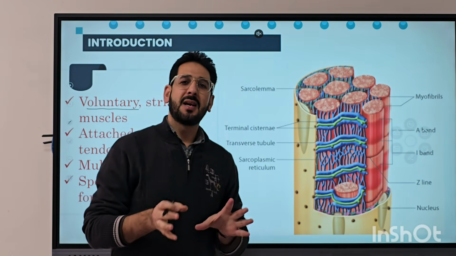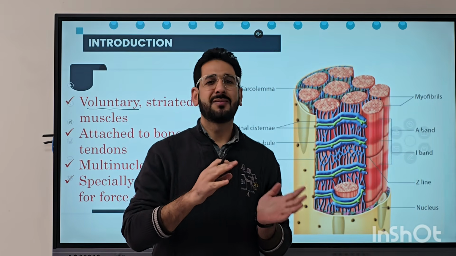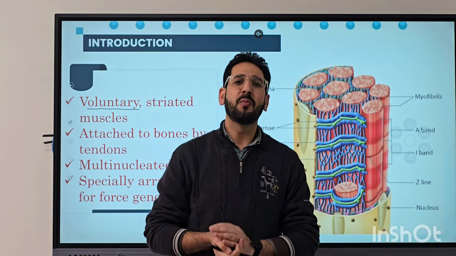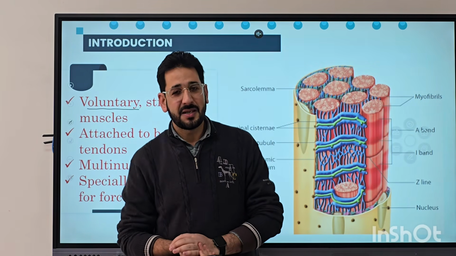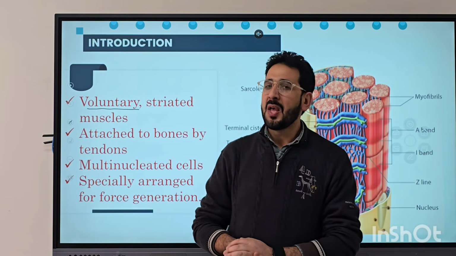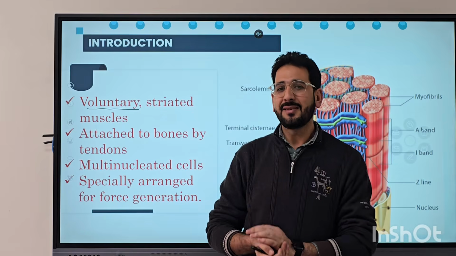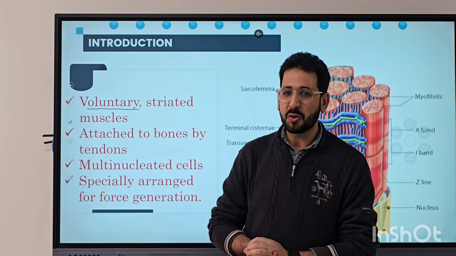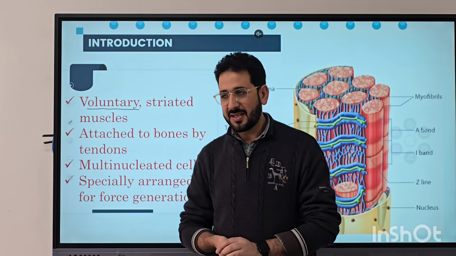Okay, because we have two divisions of the peripheral nervous system: one is the autonomic nervous system, and the second is the somatic nervous system. The somatic nervous system controls our voluntary actions, that is, our voluntary movements, the skeletal muscles.